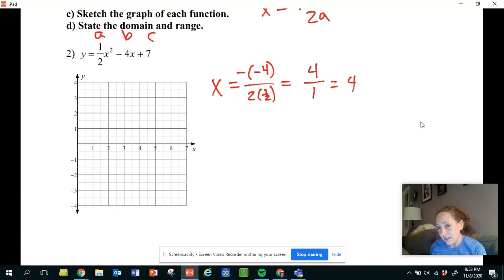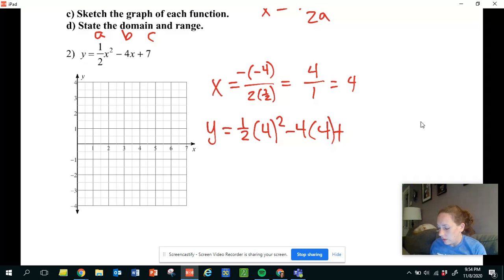And then I plug that into the equation to get the y, and half of 16 is 8, minus 16 is -8, plus 7 is -1. So my vertex is the point 4, -1.